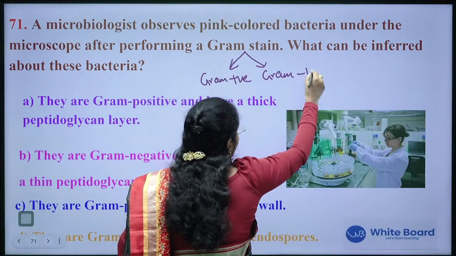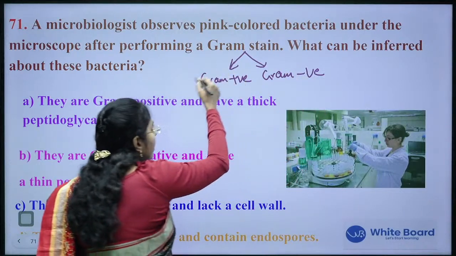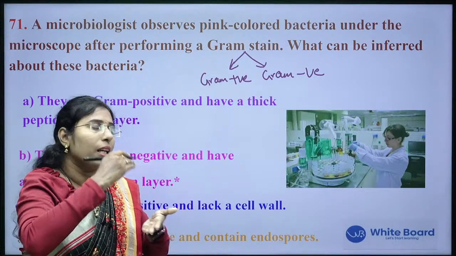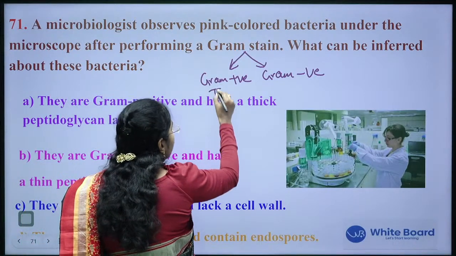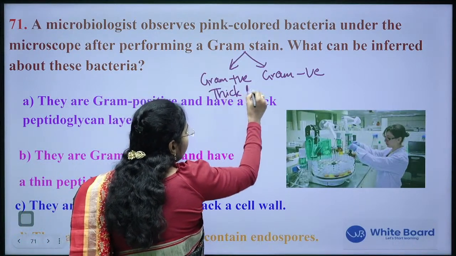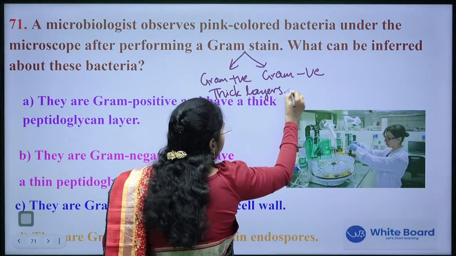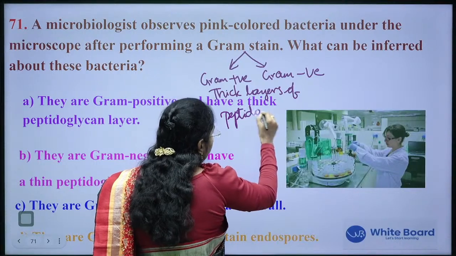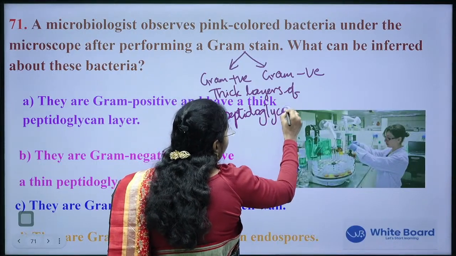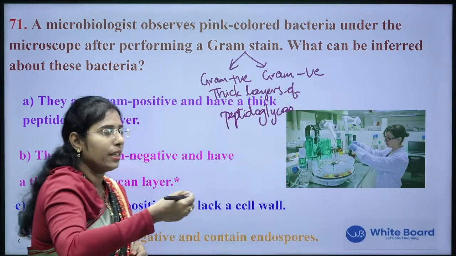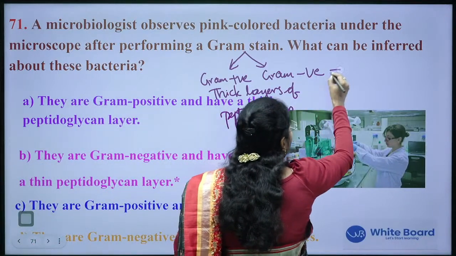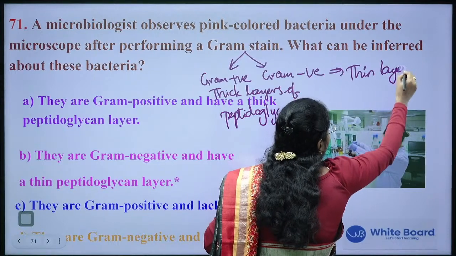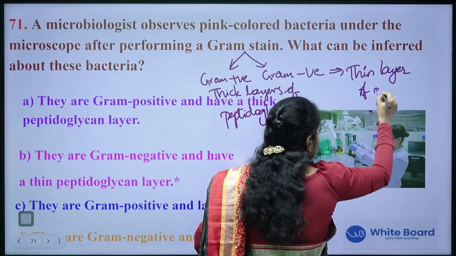Gram positive bacteria will be having thick layers of peptidoglycan, whereas gram negative bacteria consist of a thin layer of peptidoglycan.